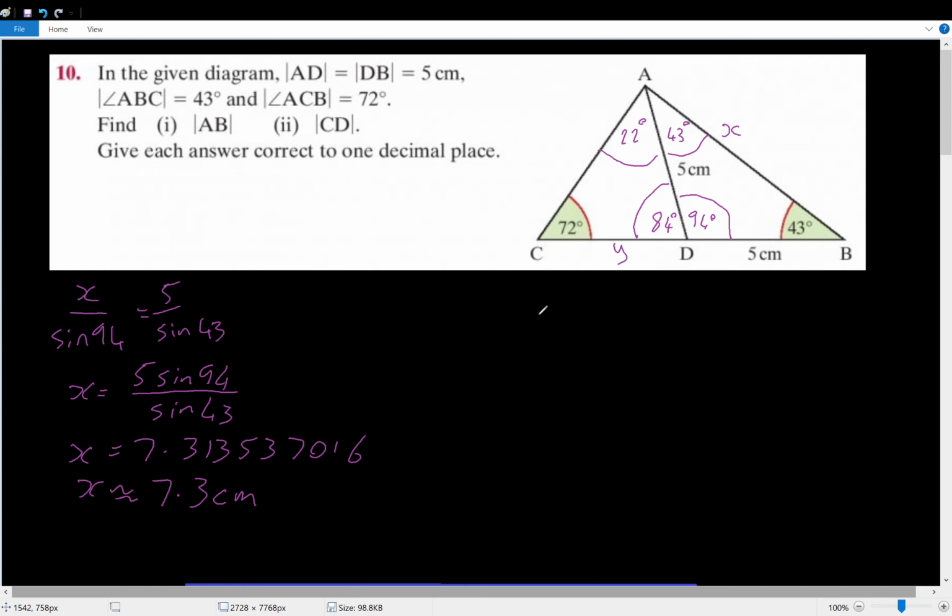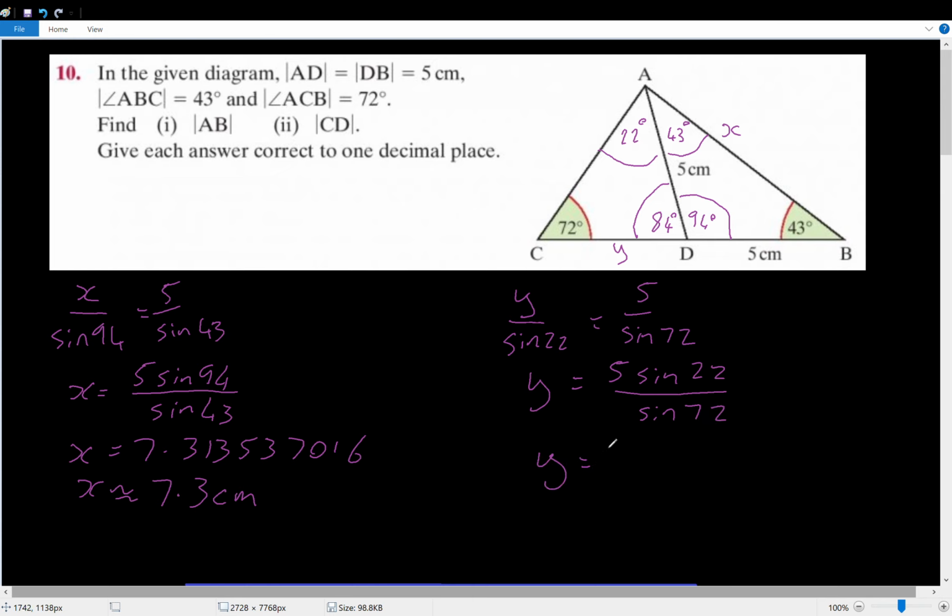For the length of the line CD, we're going to do the same thing again. So it's going to be Y over sine 22 is equal to 5 over sine 72 this time. So we're dealing with the triangle on the left this time, which means that Y is equal to 5 times the sine of 22 all over the sine of 72.